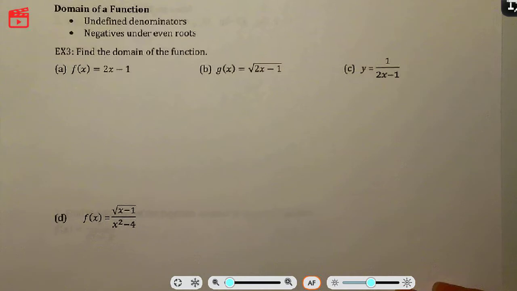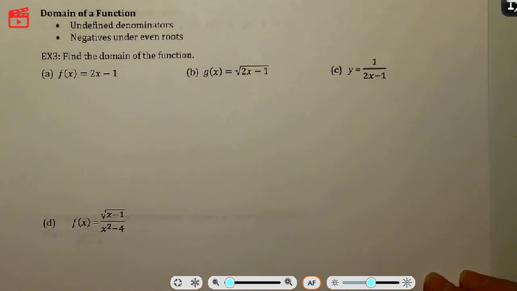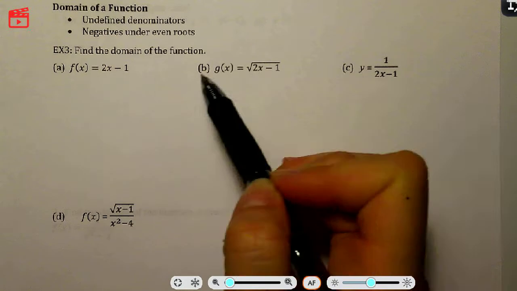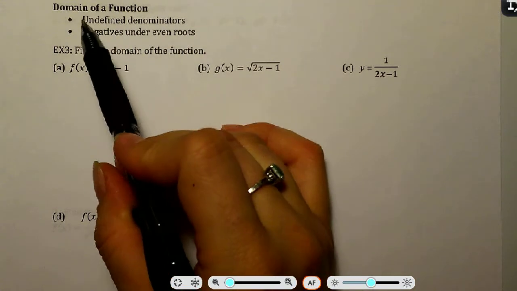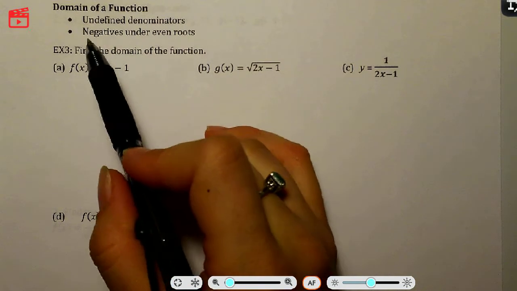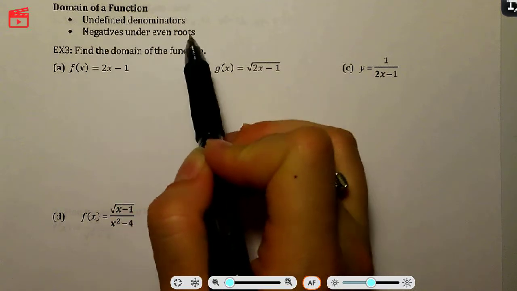Now let's take a look at the domain of a function. We've kind of already looked at this with just expressions, looking at when something is undefined. So we're going to look at it again, a bit of a refresher, but this time in function notation. The main thing we want to look for is if your denominator would become undefined, so we look for fractions, and look to see if we have any possibility of a negative under an even root.